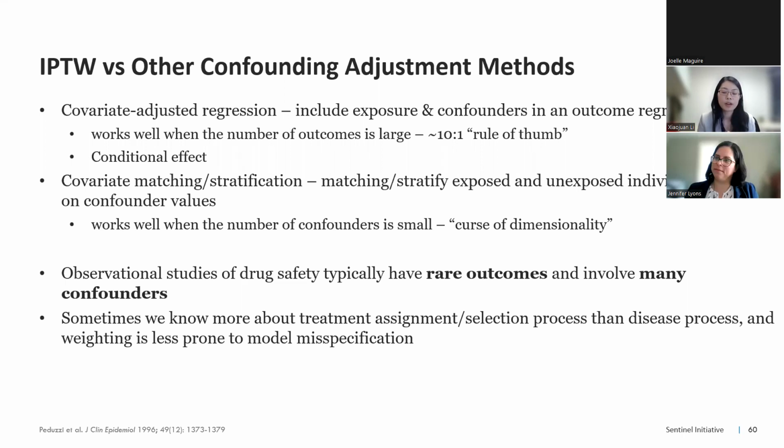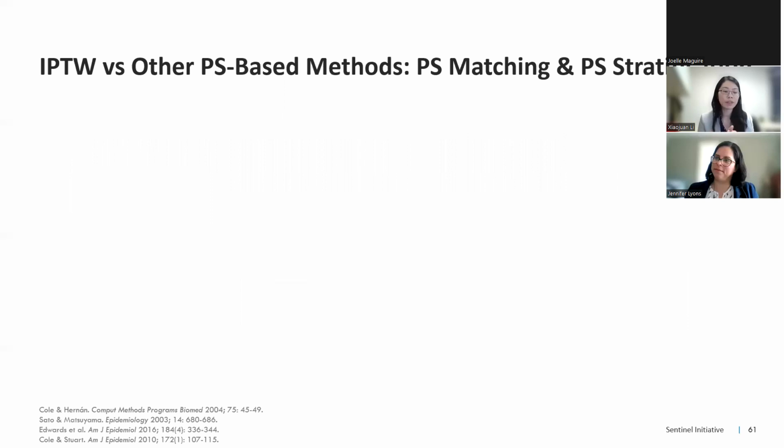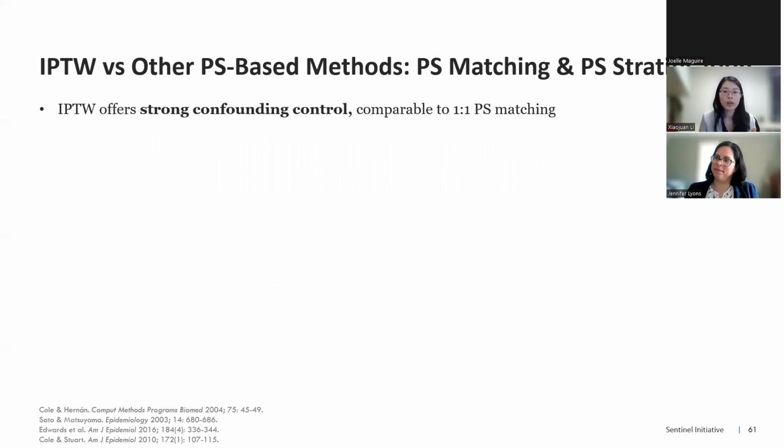There are also some differences between all these propensity score-based adjustment methods: inverse probability weighting versus propensity score matching and stratification. Inverse probability weighting and one-to-one propensity score matching offer comparable strong confounding control.